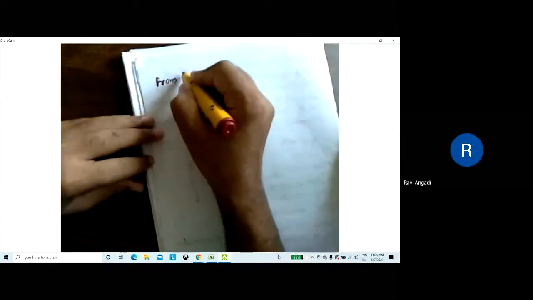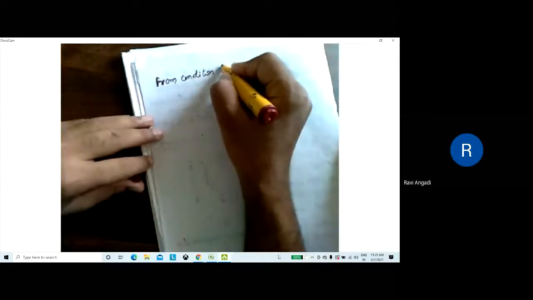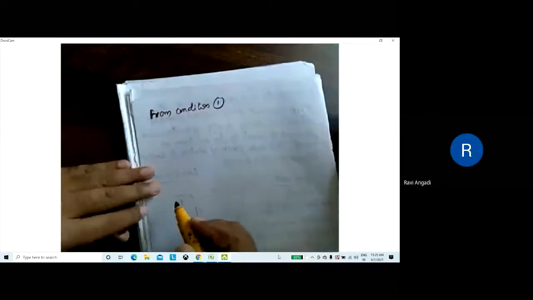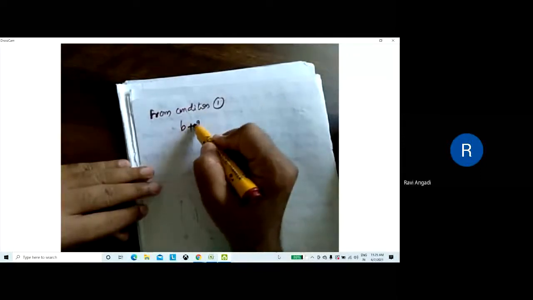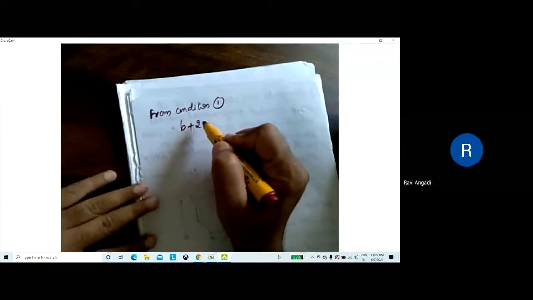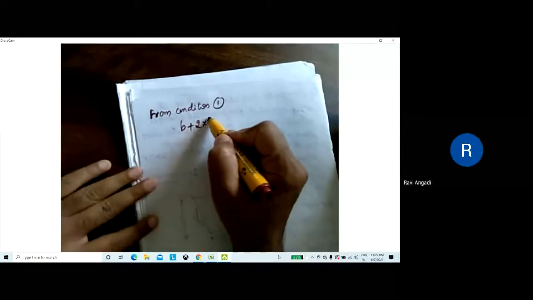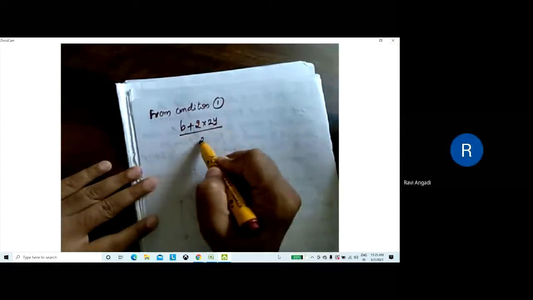Now, from condition number 1, B plus 2, what is the value of Z? 2. Solve it fast.